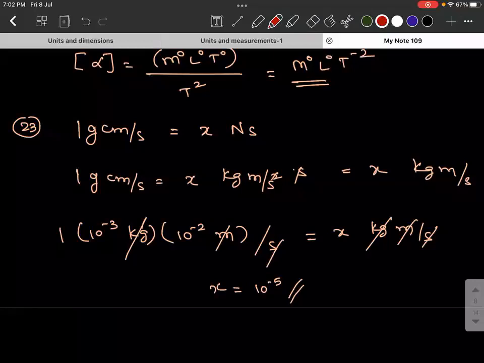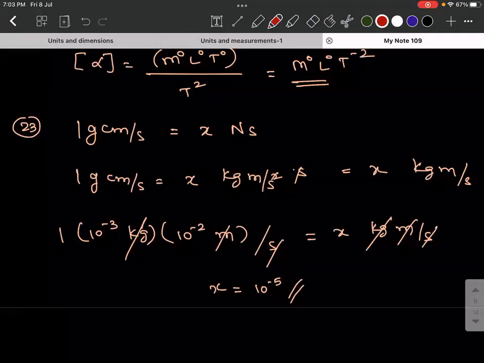Answer. Okay. So the answer will be x is 10 power minus 5.